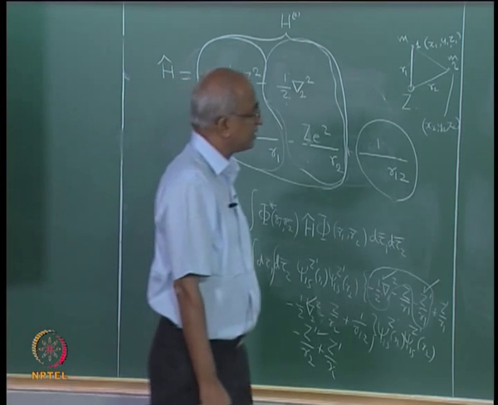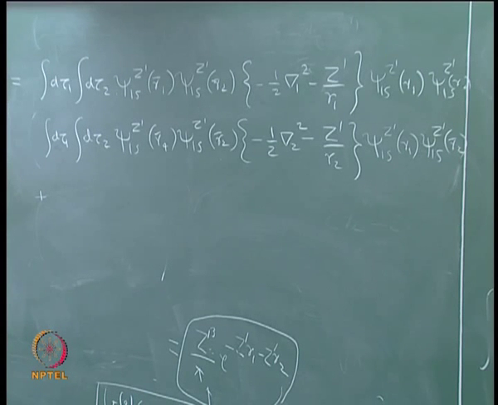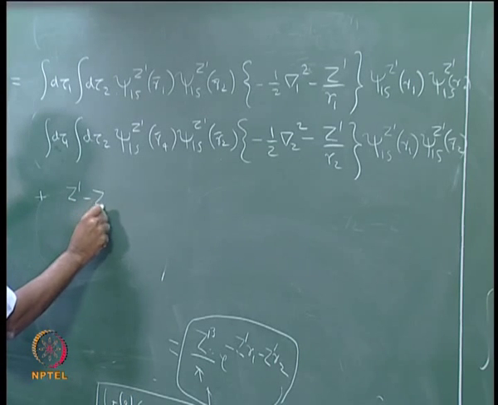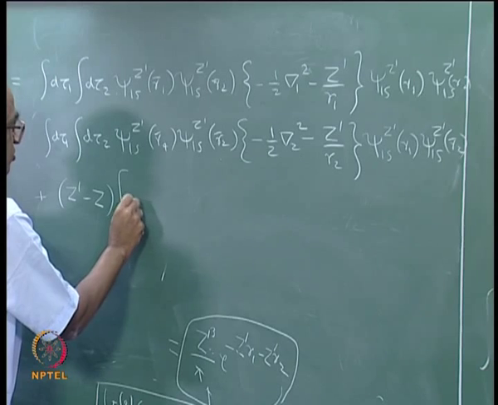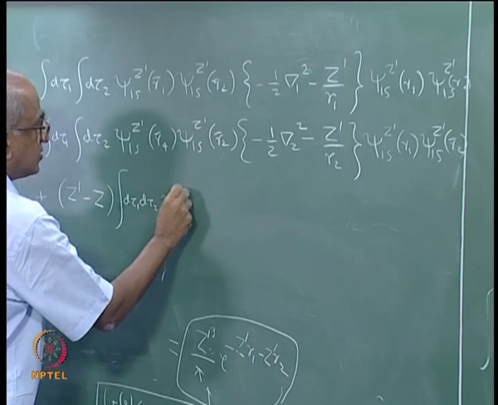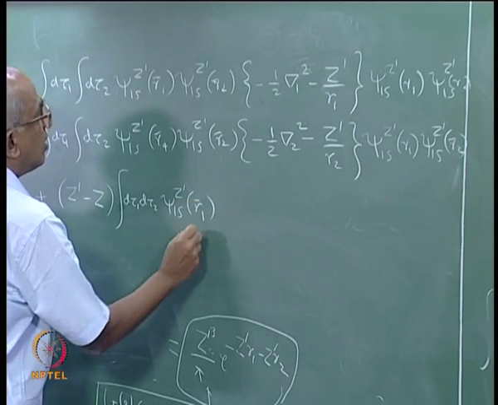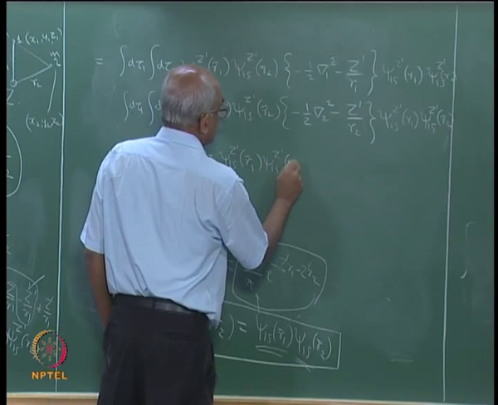This is going to be plus, well, the difference between these two, right, Z prime minus Z, that is a constant, then d tau 1 d tau 2 psi 1s Z prime r1 psi 1s Z prime r2.